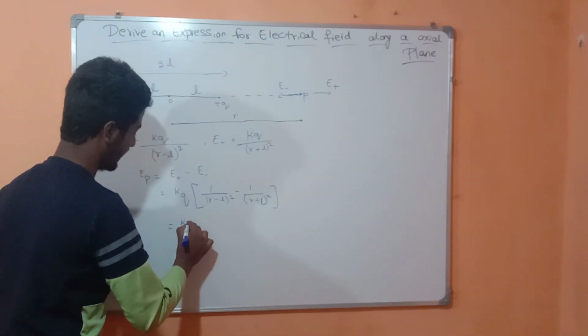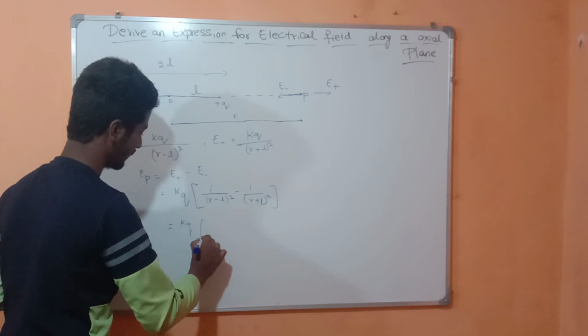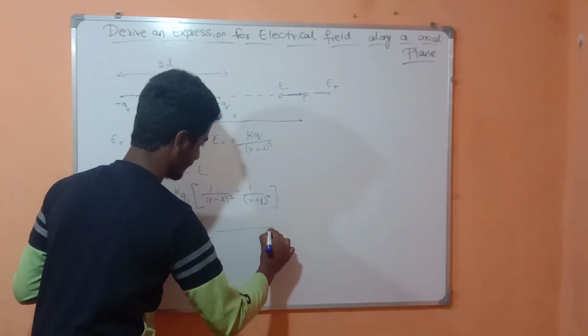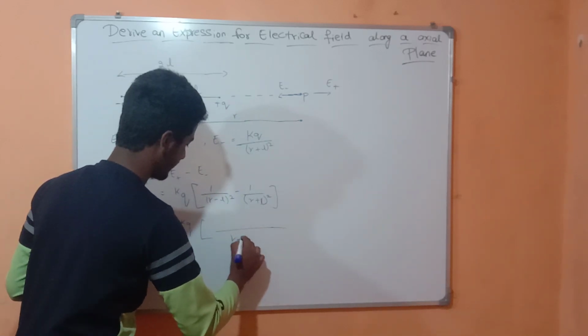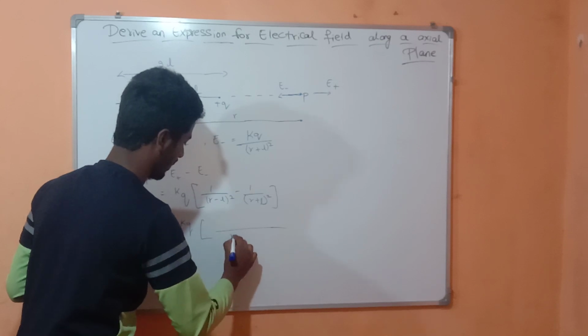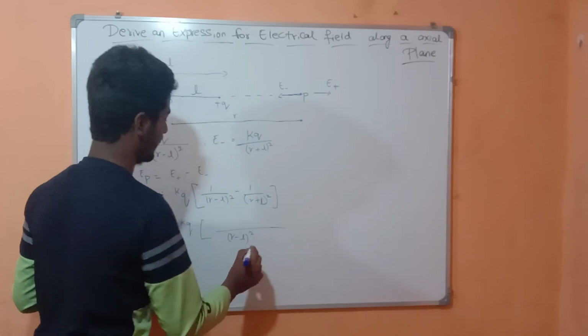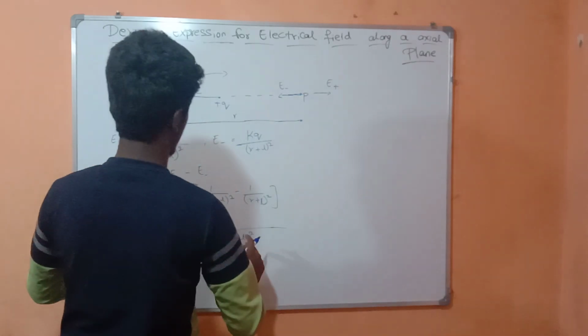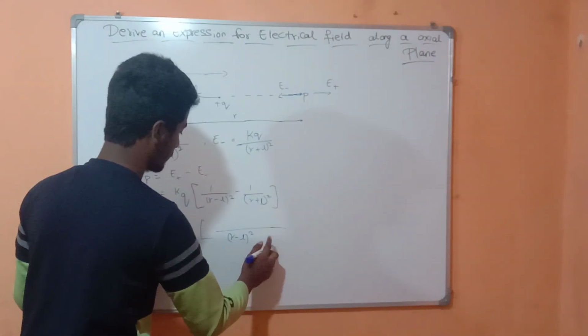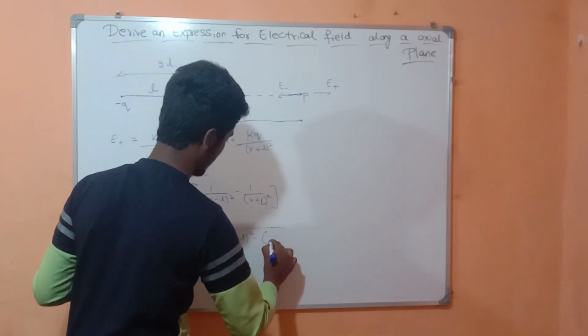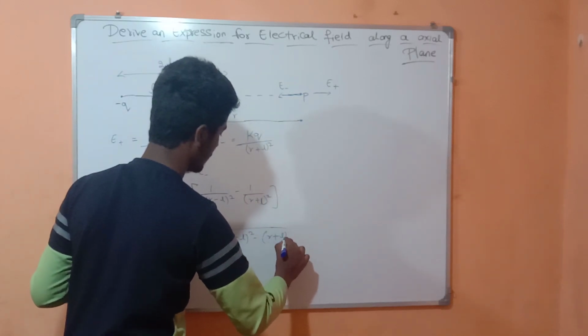Let me take the LCM and solve, children. What is the LCM? (R minus L) whole square into (R plus L) whole square.